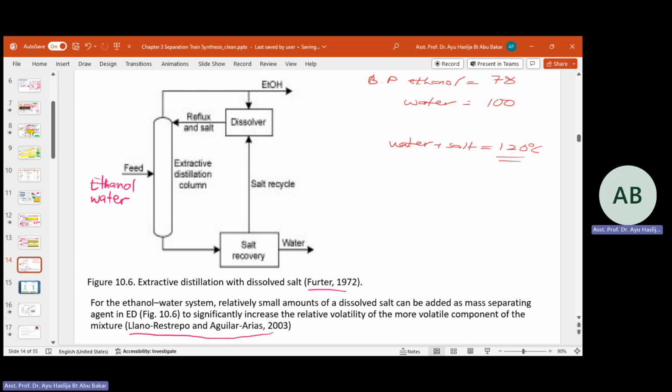Close boiling points, so it is hard to separate. So you choose the extractive distillation column by using MSA. What is the MSA agent? Here it is the salt. Over here, salt is the MSA agent.